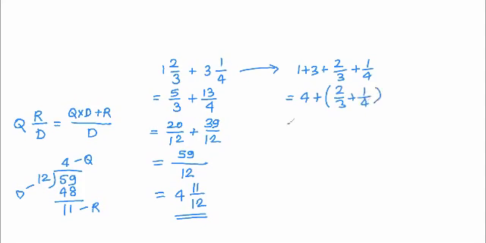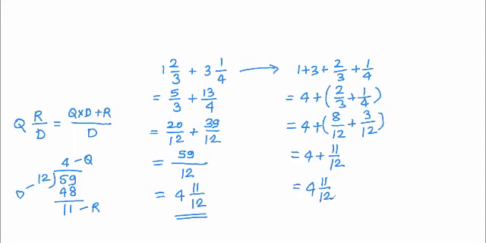Now I have to convert it into equivalent fractions. 3 4s are 12, so 4 2s are 8, plus 4 3s are 12, so 1 3s are 3. And that gives me 4 plus 11 upon 12, and that is equal to 4, 11 upon 12.